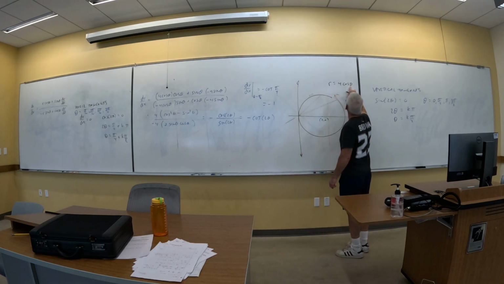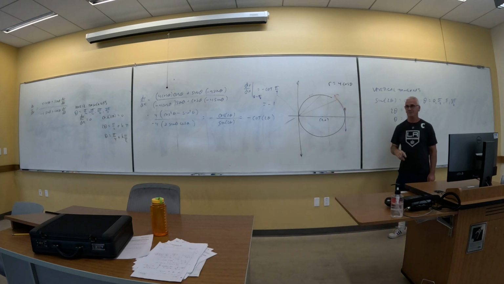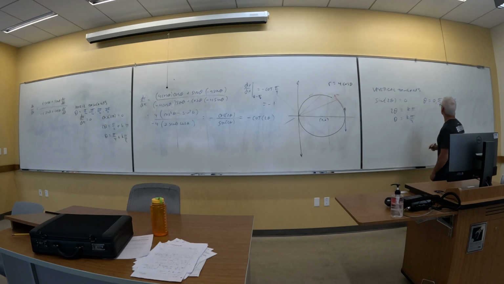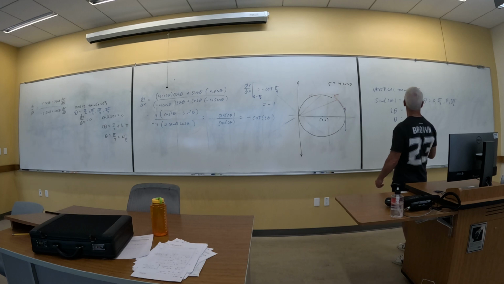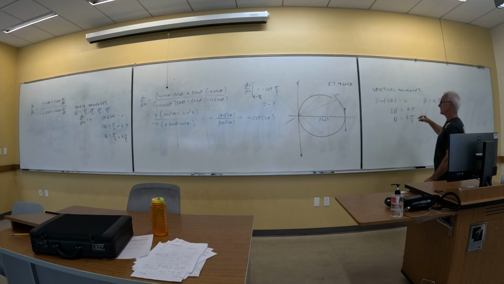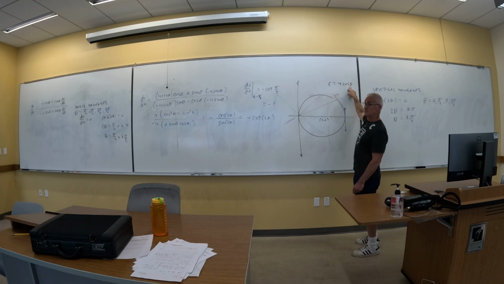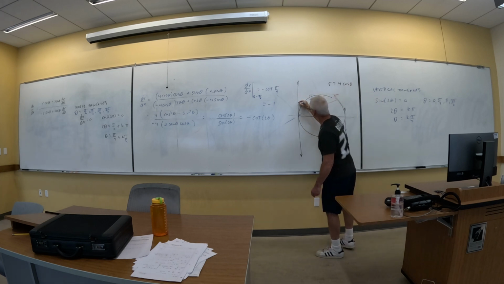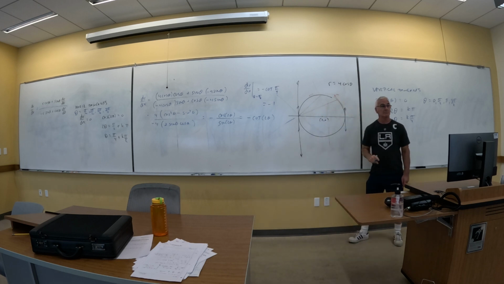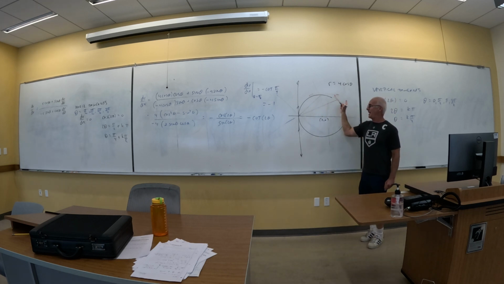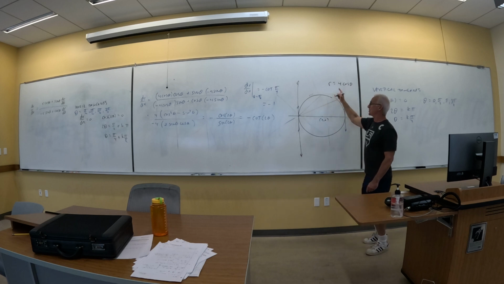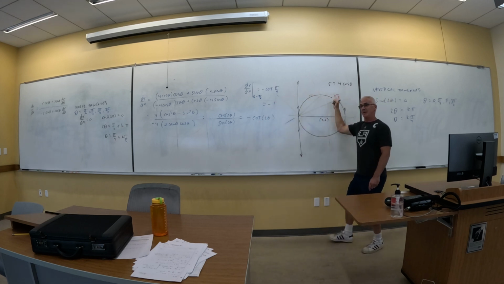When theta is 0, I am right here. Aha. Love it. When theta is pi over 2, make sure we got that right. Yeah, when theta is pi over 2, cosine is 0, and I'm right here. When theta is pi, the cosine is -1, and that puts me all the way back to here.